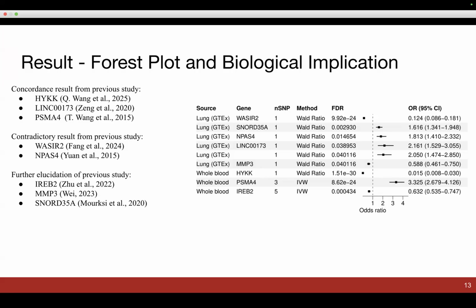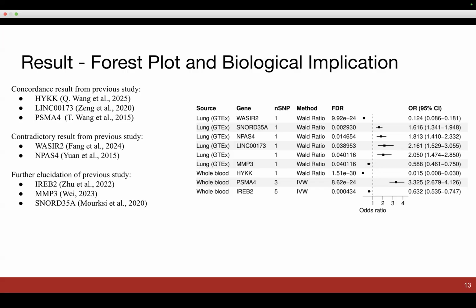We categorize all the results into 3 categories. The first is concordant results, similar to previous studies. The second is results contradictory to previous studies. The last is results that provide further elucidation of previous studies.